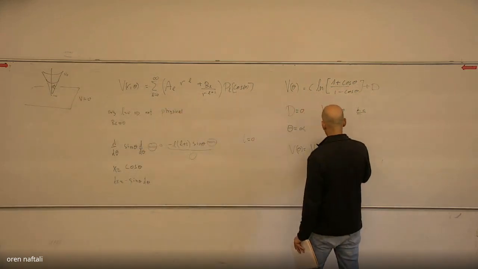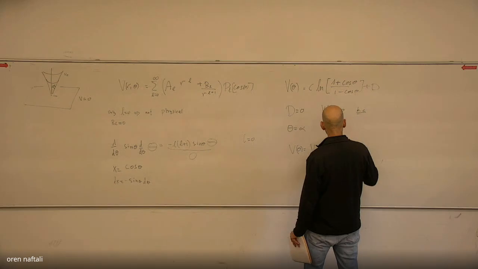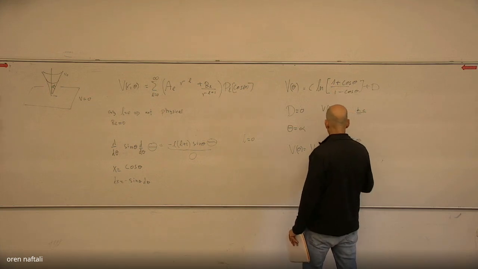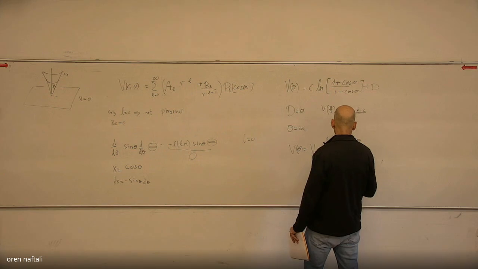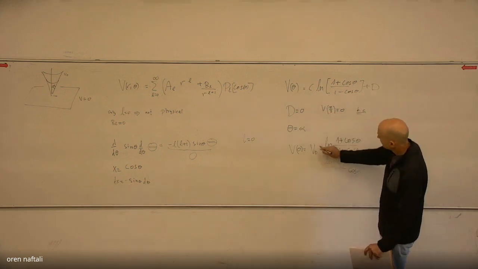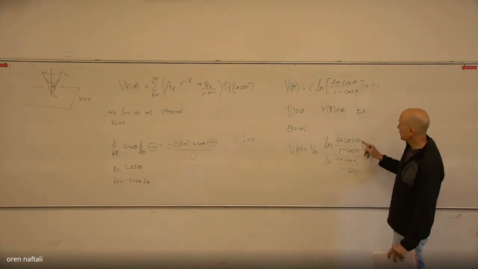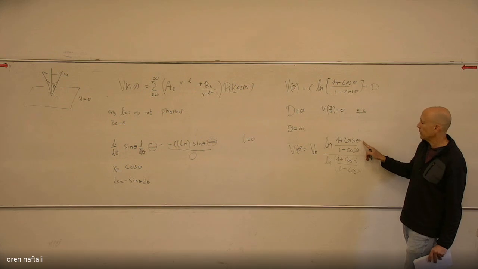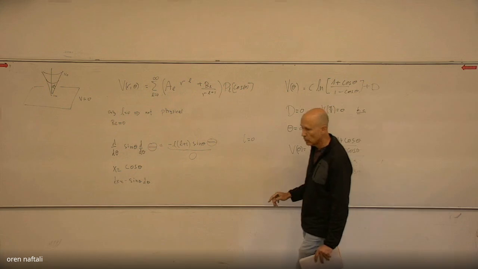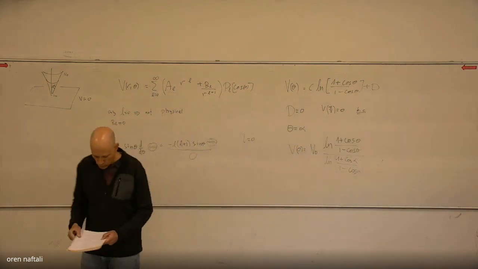And then I simply have log of 1 plus cosine theta over 1 minus cosine theta, over ln of 1 plus cosine alpha over 1 minus cosine alpha. So all this junk is this C. And you see that if I plug in here theta equal alpha, this would be ln of something over ln of something. That will give you 1, that will give you the V0. So this is our solution.